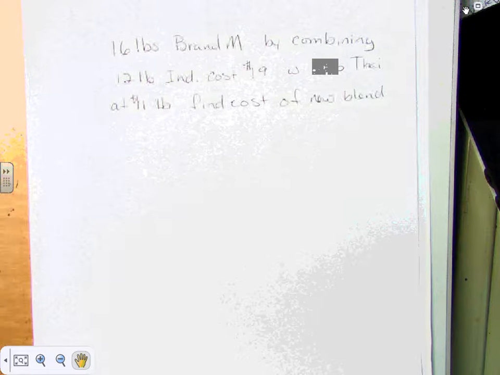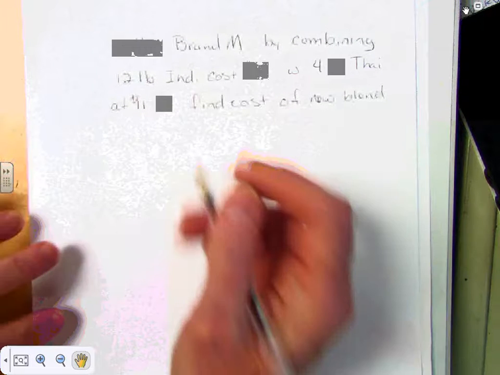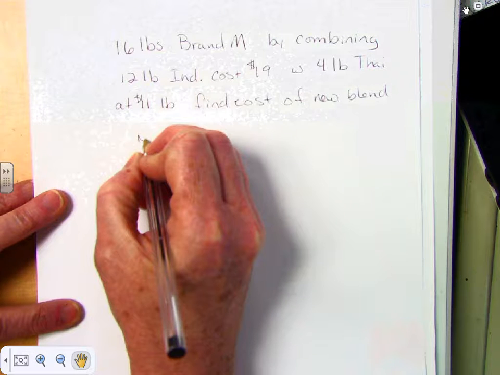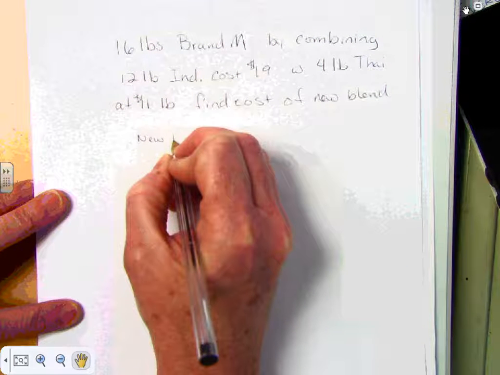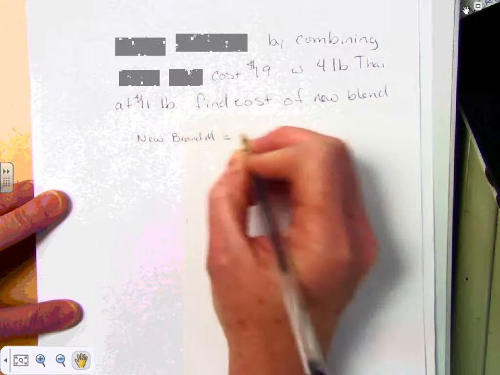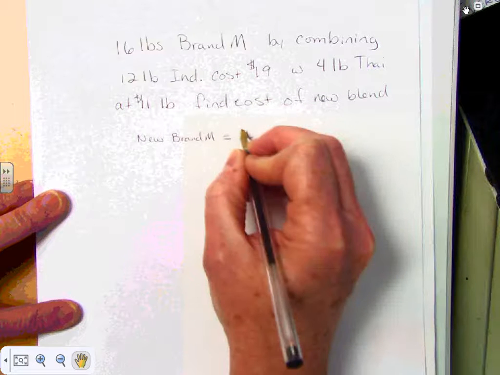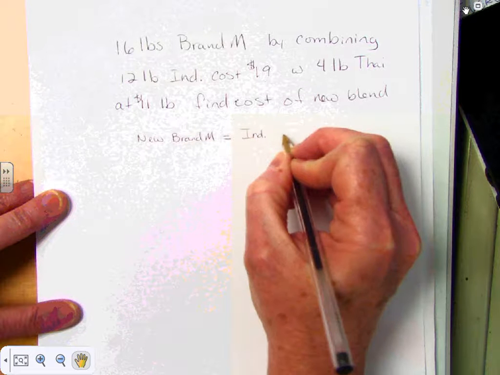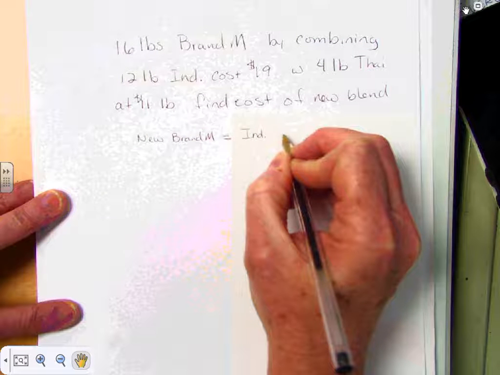Generally, just using words with no real numbers, we would say my new brand M is going to be made by adding the Indonesian cinnamon with the Thai cinnamon.